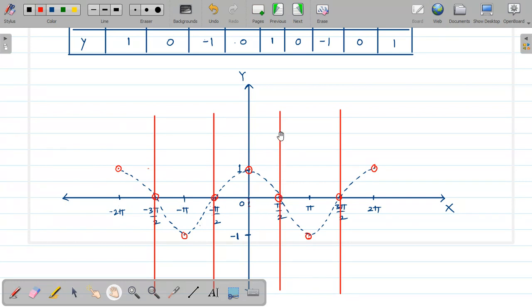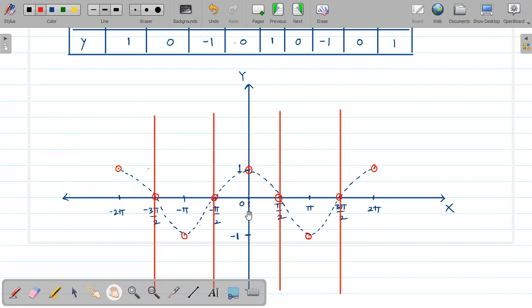So just you draw the vertical line passing through the pi by 2, passing through 3 pi by 2, passing through minus pi by 2, and passing through minus 3 pi by 2 in this graph. Graph of cos x is shown by dotted line.